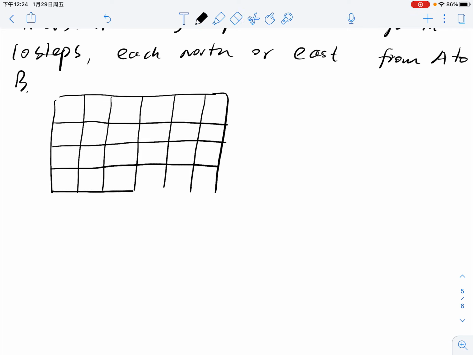And then by the cardinality or size of M, we mean the summation of all the repetition numbers.